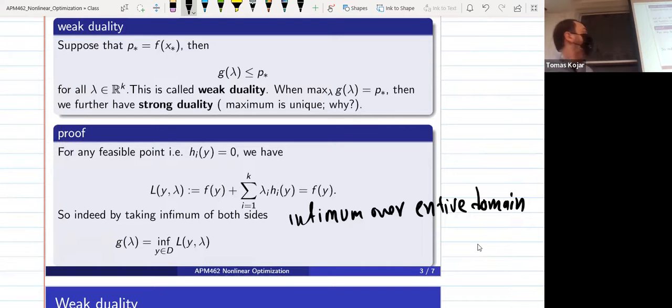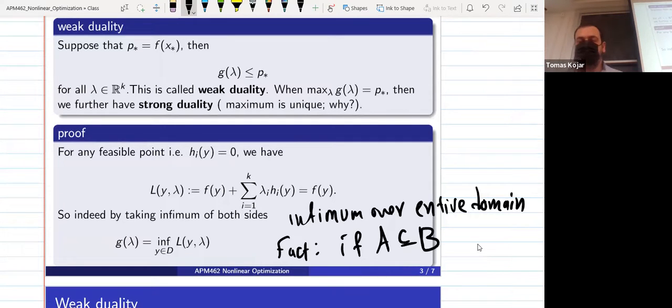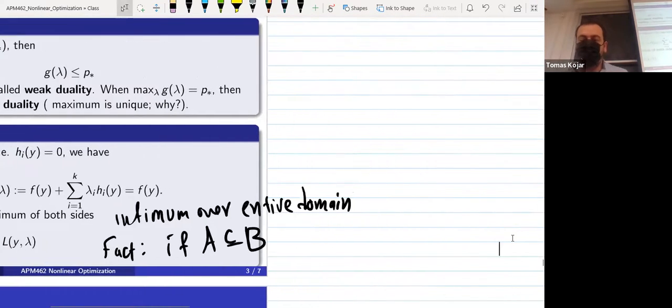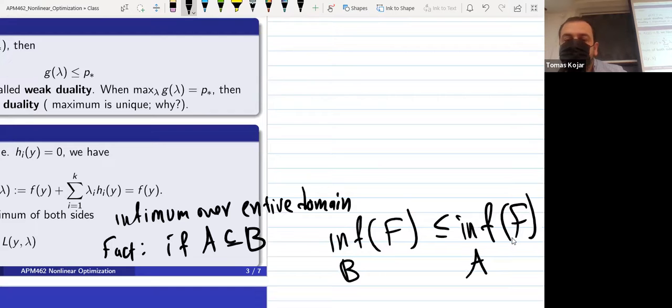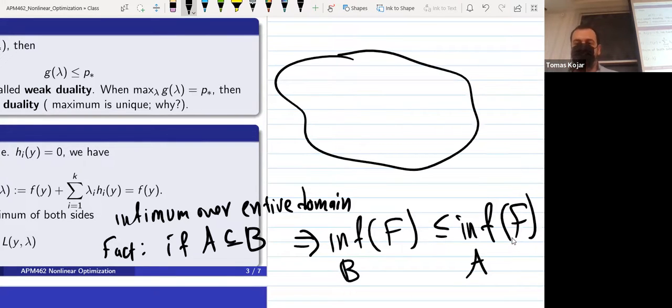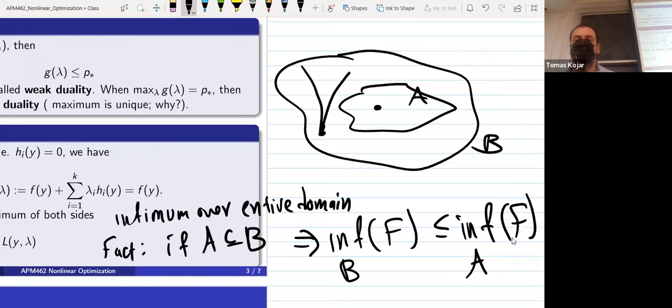And we'll use the following fact. If A is inside B, then the infimum of a function, capital F, in B is less or equal than the infimum in A. Because suppose this is B, suppose this is A, this could be an infimum, but there might be an even smaller value over here.